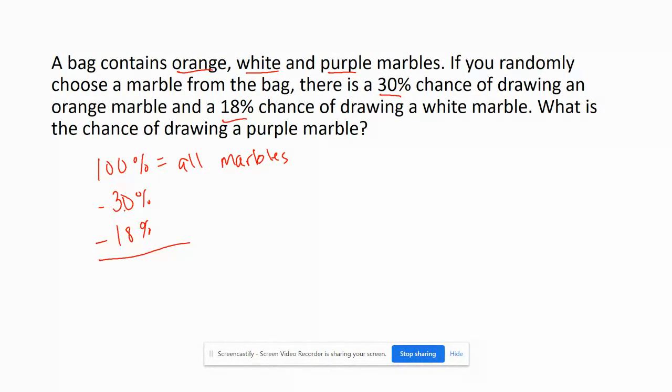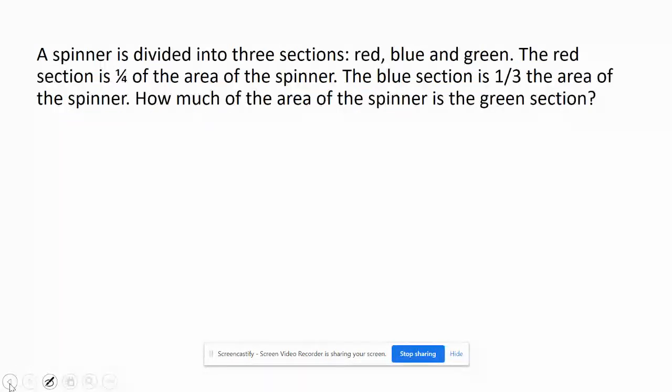So 100 minus 30 is 70. 70 minus 18 would give us 52. So 52% of the marbles are purple. What would be the chance of drawing purple marbles? 52%. 52% chance.